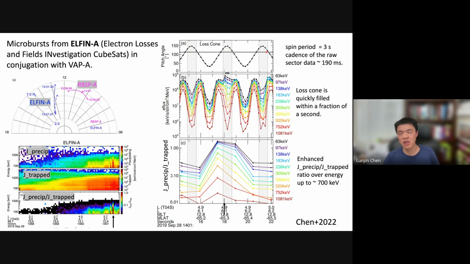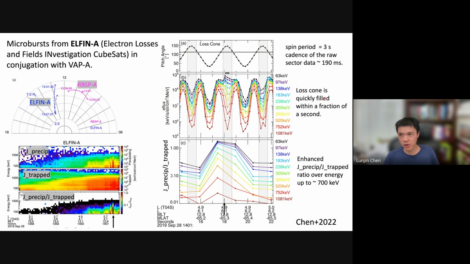And then the next time the detector is inside the loss cone, you see a significant reduction of the electron fluxes. So the electron flux enhancement only occurs during this time period, which is only a fraction of a second. So we consider this a microburst signature from this ELFIN observation.